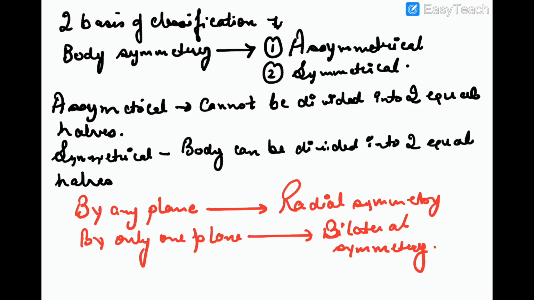So if the body can be divided into two equal halves by any plane, it is radial symmetry. If by only one plane, it is bilateral symmetry.